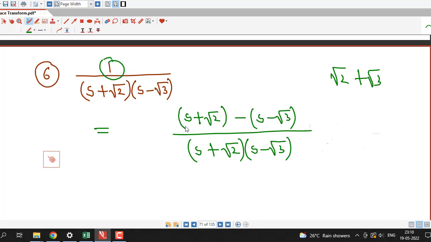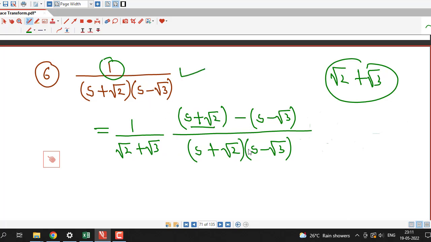So s will cancel out and I will be left with square root of 2 plus square root of 3. To adjust this, I have to multiply by 1 divided by square root of 2 plus square root of 3, so that this is a correct representation of the given function in another form.